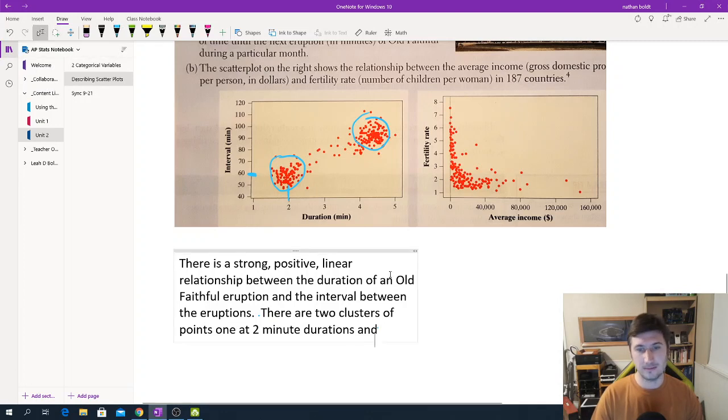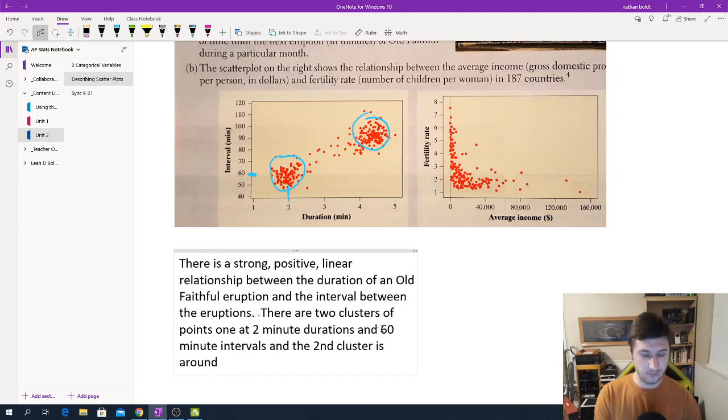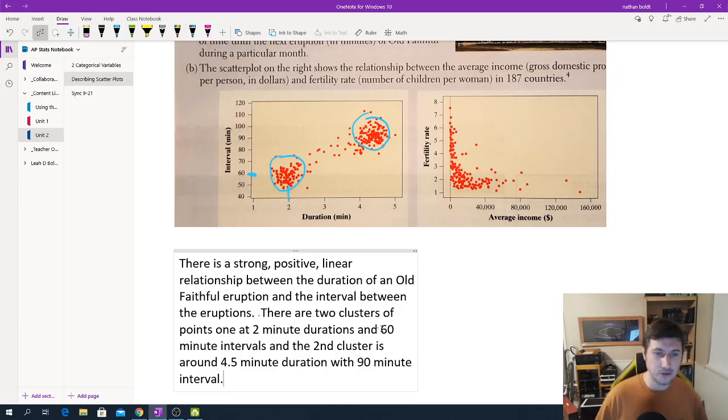And the second cluster is around, I'd say that's a 4.5-minute duration with, I don't know, call that maybe a 90-minute interval. So again, we describe the strength, the form, the direction, and then any unusual features that we see.